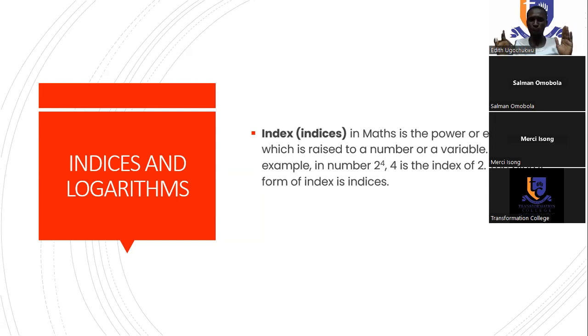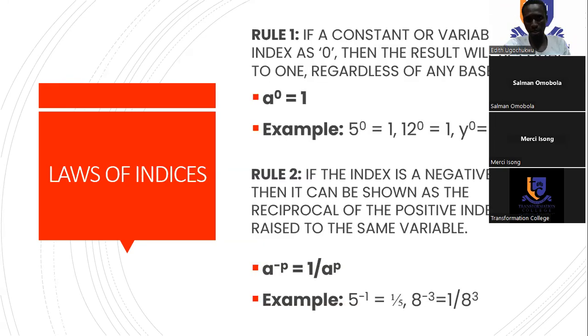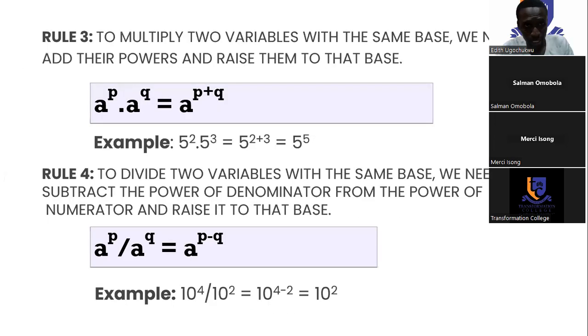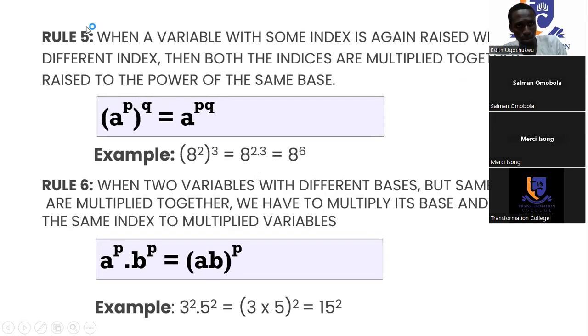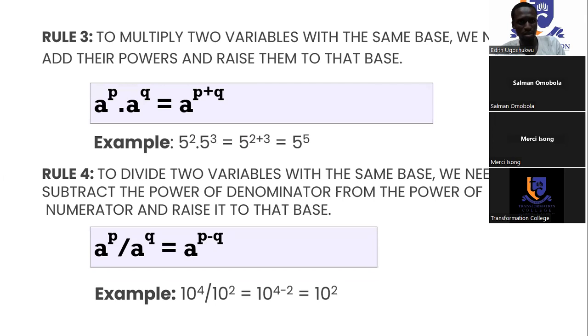But when the first law of indices comes, look at it. Applying the first law of indices, a raised to power p multiplied by a raised to power q will give us a raised to power p plus q, right? So the rule is that the base must be the same. So a is the base.